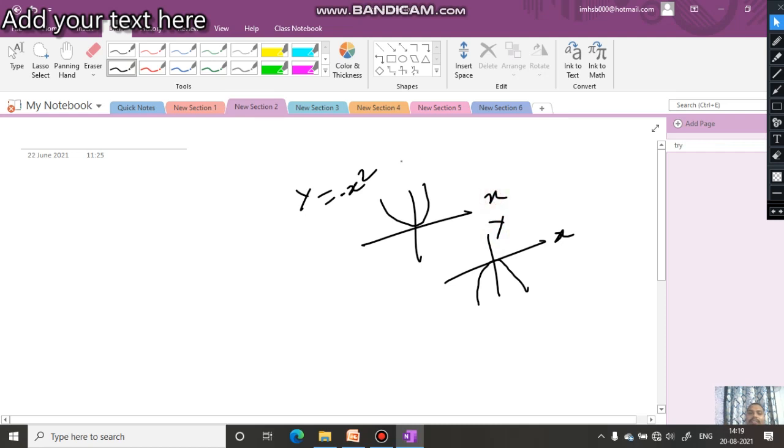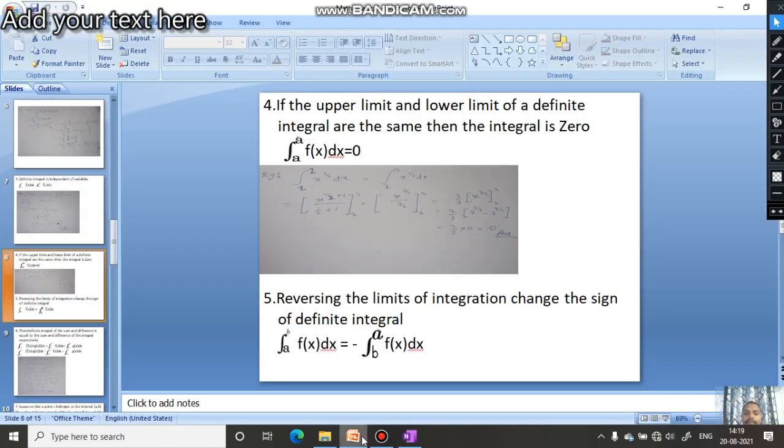The graph simply rotates 180 degrees automatically. That's why if we interchange the upper limit and lower limit, then the negative sign comes out automatically.